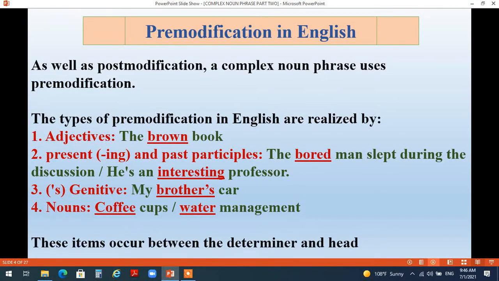As you can see, sometimes there is a determiner, just like the article the or a or an, or sometimes there is a pronoun, just like my, her, his, etc. And there is an adjective or a present participle or a past participle, or sometimes you have the S genitive, or sometimes even you can have a noun. All these methods can be used as pre-modifiers.